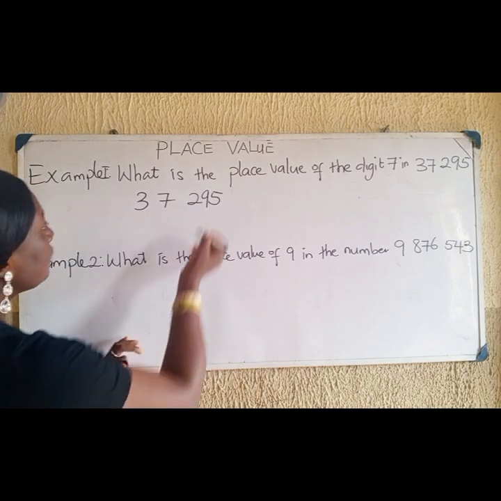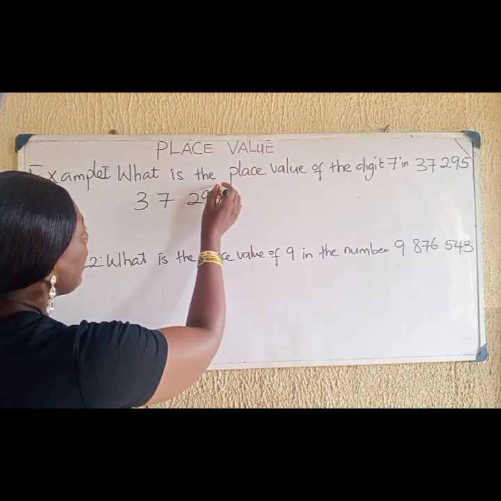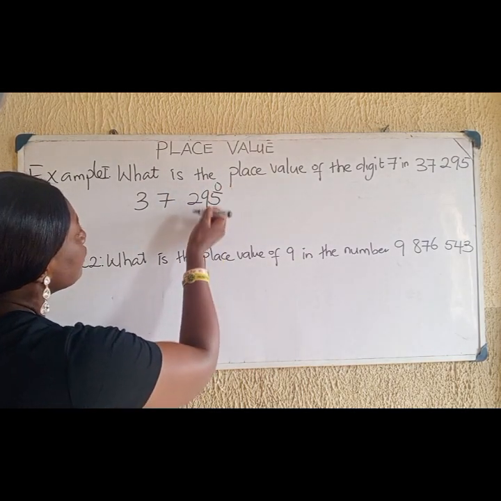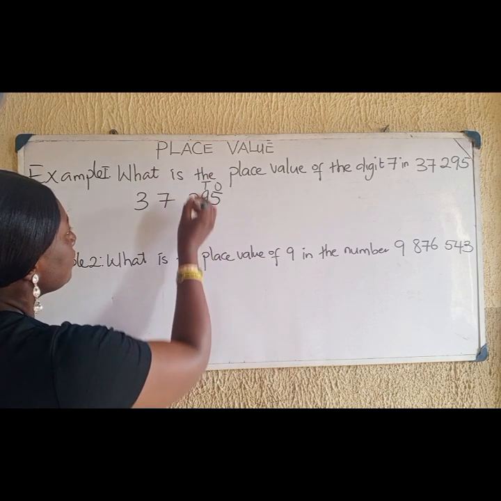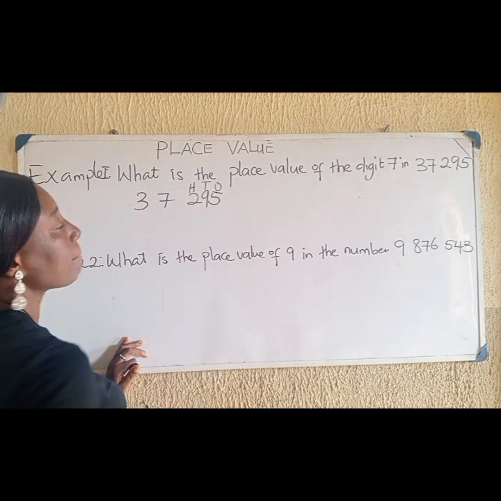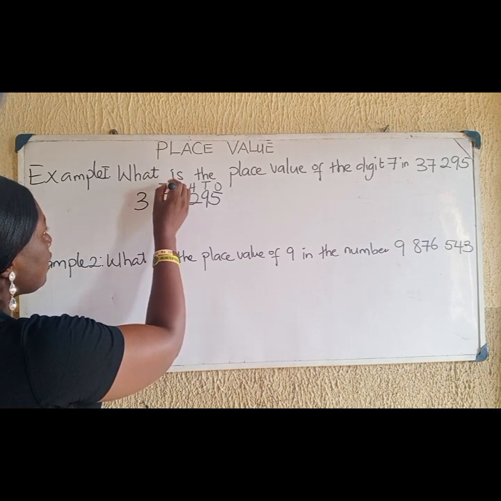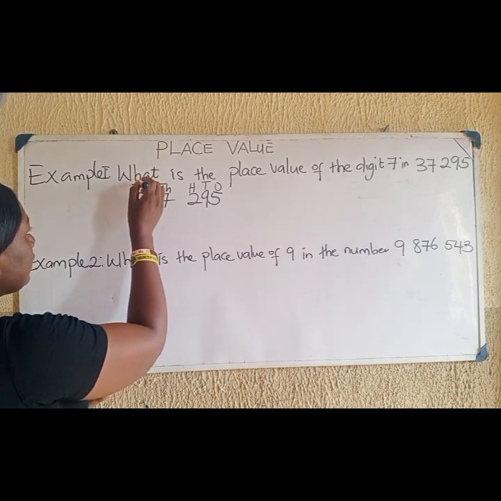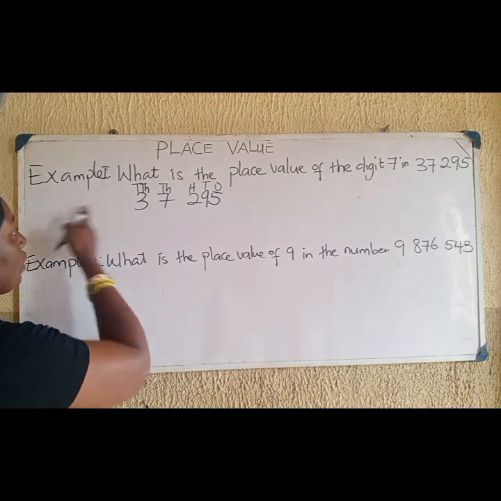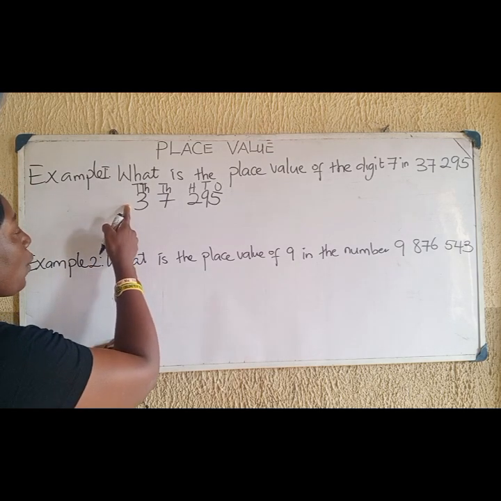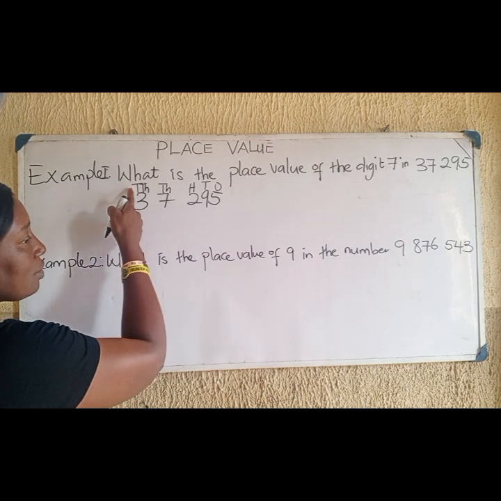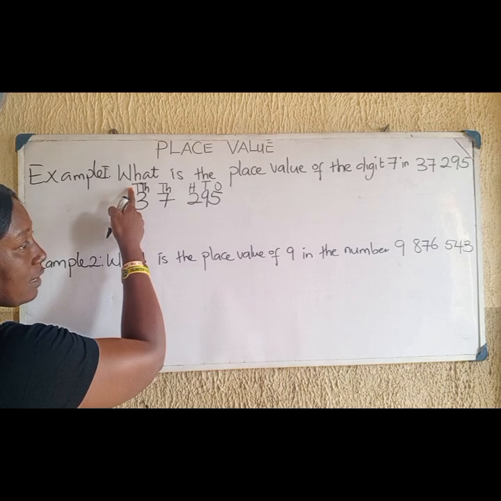So we now write under this place I have 1, tens, 100. Then after 100 I have 1,000, 10,000, and so on. If there's another number here, I'll call it what? 100,000. Are you getting me?